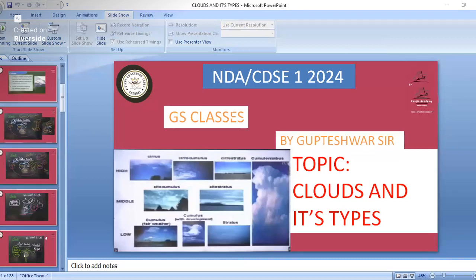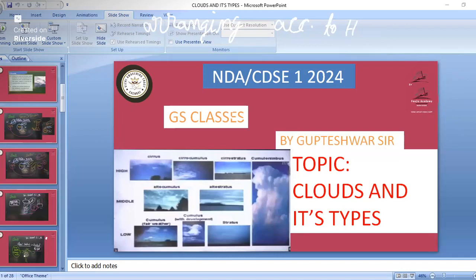All those clouds' names I have given here, and study all those parts: low clouds, middle clouds, high clouds, because these clouds would come for arranging according to height. So you must remember that part. Now we'll move on to the next part.